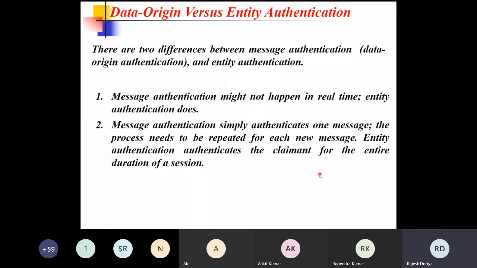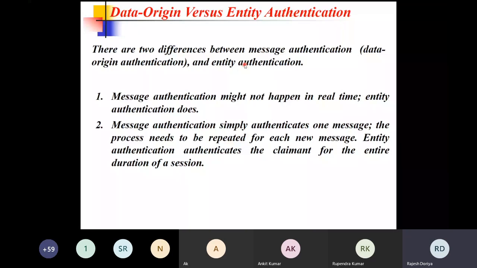So that is an example of entity authentication, where we authenticate ourselves once, and then for the whole session we remain authenticated for the transactions. And the moment the session ends, only then our authentication is over. So these are the differences between data origin and entity authentication.